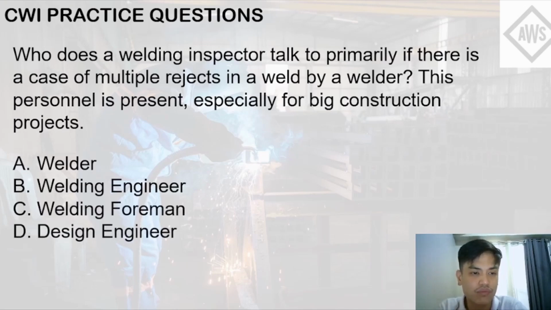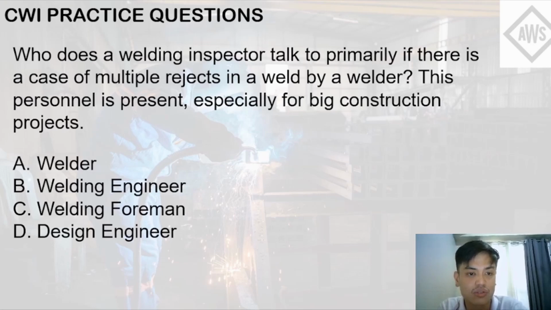So basically, if you direct your communication to or confront the welder, it may ensue a confrontation between you and the welder, because typically big construction projects have a tight schedule. So the pressure might be on the welder to produce multiple welds at that tight deadline.